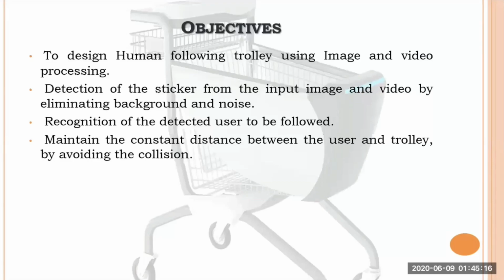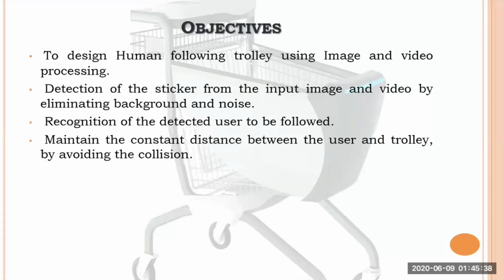Moving on to the next objective: the recognition of the detected user to be followed. As we have just detected the sticker, next comes the recognition part. Recognition means that the detected sticker should be recognized by the trolley, that is, the trolley should know whom it should follow.